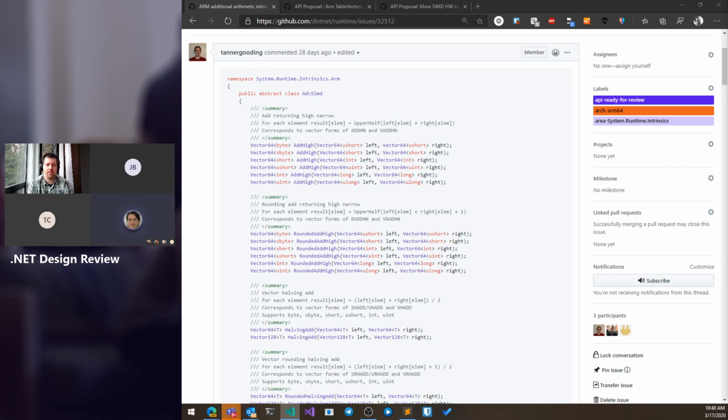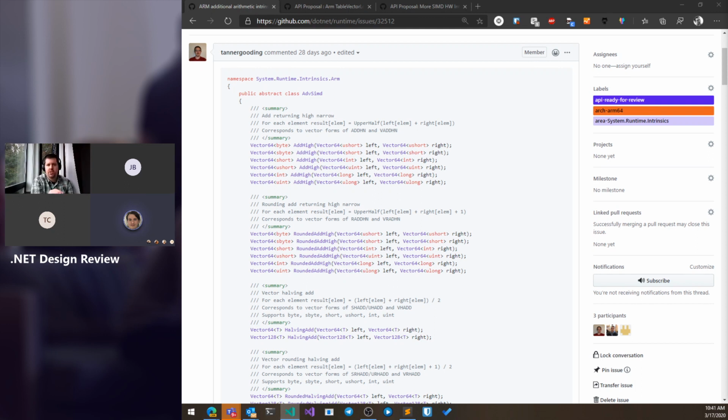And then on the other half, it has it returning a vector 128, taking a vector 64 lower, and then taking vector 128s as the left and right. This is for the ARM64 second half version.